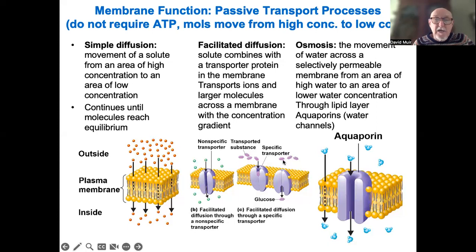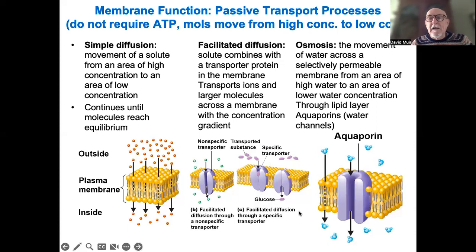There's a high concentration out here, low concentration here. The molecule naturally tends to move in that direction, but this transporter, the facilitator, actually ensures that only the glucose is moving across. It's not just opening a channel and allowing all sorts of things to come across as well as the glucose. It's only allowing glucose to specifically go across.